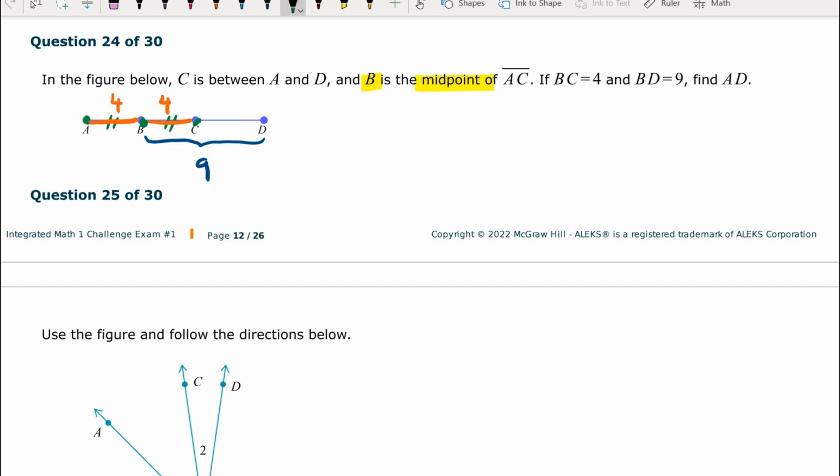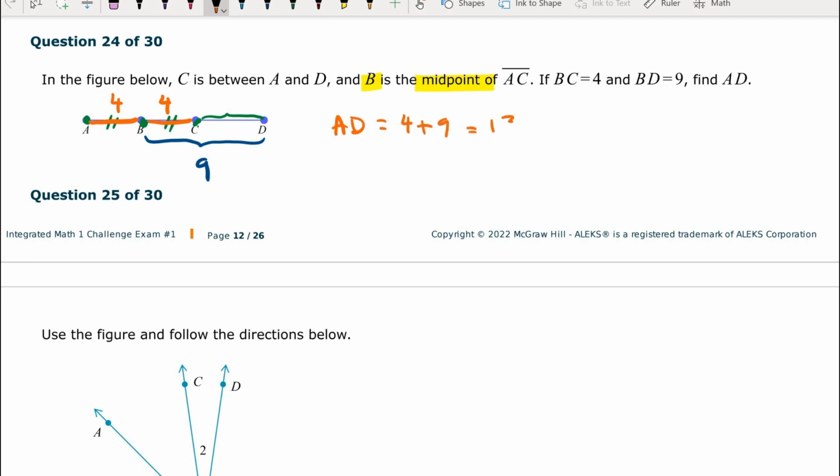To get from A to D, you might need to know CD, or maybe not in this case, because we already found out AB equals BC. So to get AD for this problem, all we need to do is 4 plus 9.